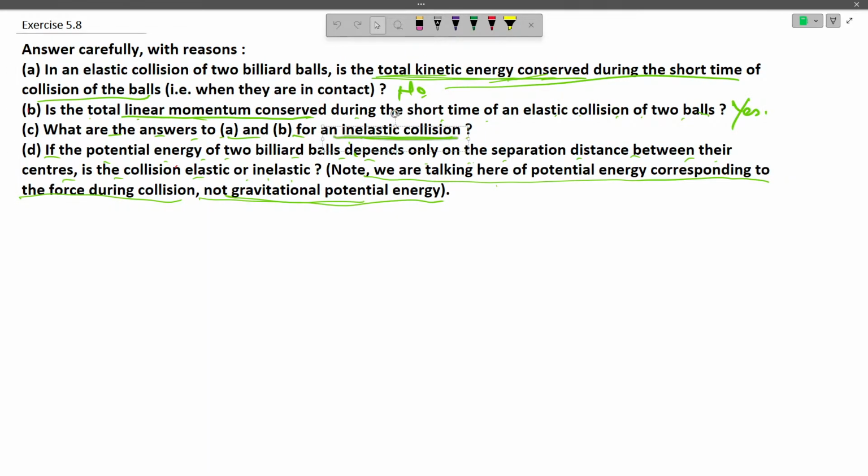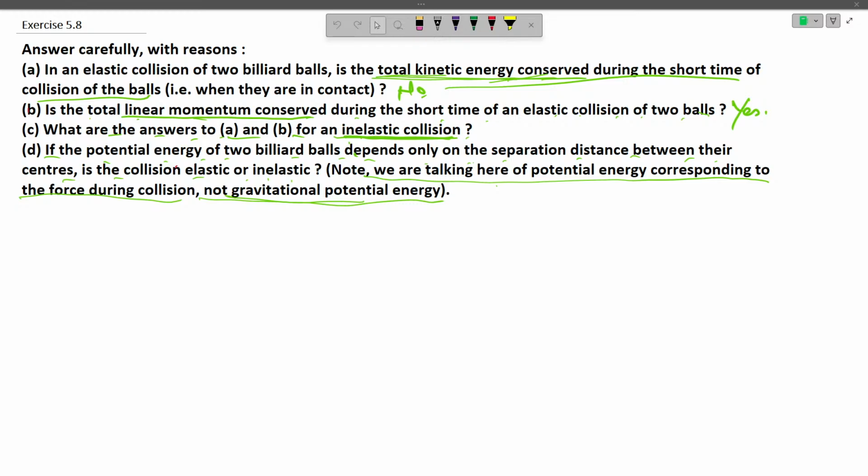The question says, answer the following with reasons. In an elastic collision of the two billiard balls, is the total kinetic energy conserved during the short term of collision?